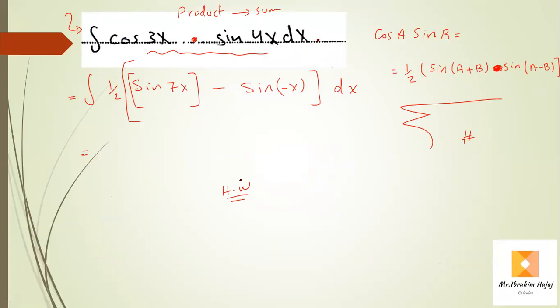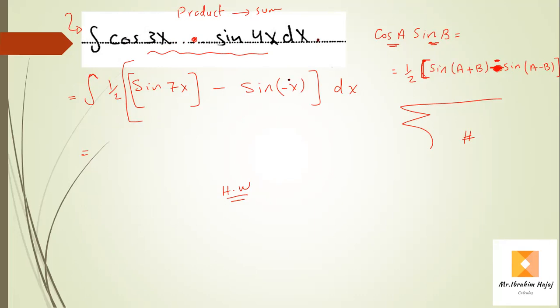Yesterday we checked the rule: cosine A sine B equals 1/2 sine the sum minus sine A minus B. Then I replaced cosine 3x times sine 4x as half sine 7x minus sine the difference.